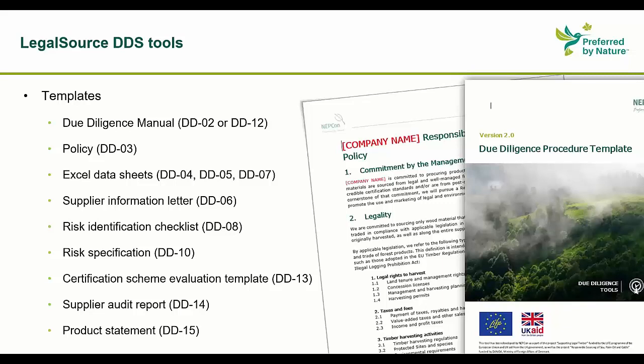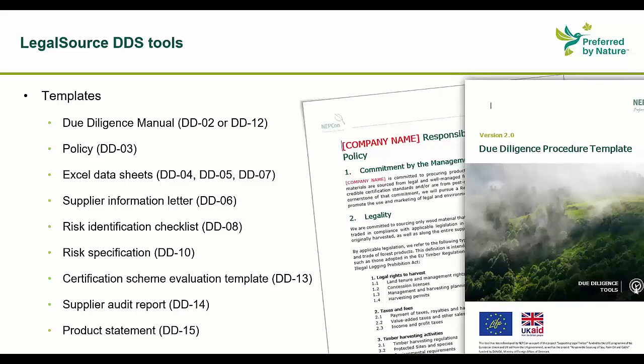We have a letter that you may use and adapt to inform your suppliers why you need the information you're asking for. Remember, you will need access to a lot of information, probably from all the links in the supply chain back to the forest. So we have a letter to explain to suppliers why you need that and why they should cooperate, and then the templates where they can fill in and provide that information.